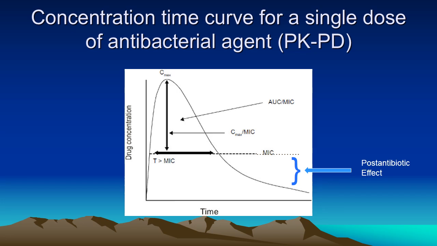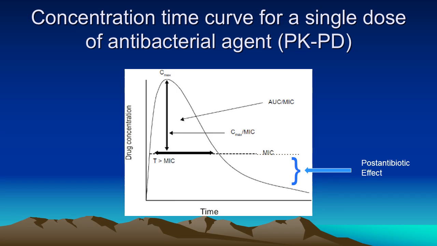Now another parameter is AUC, area under the curve, divided by MIC, and for some of the concentration dependent killing organisms this may be more important in determining clinical efficacy, and is easy to calculate as well.